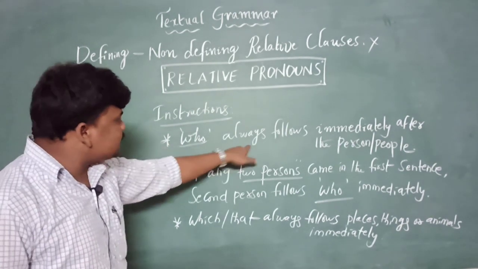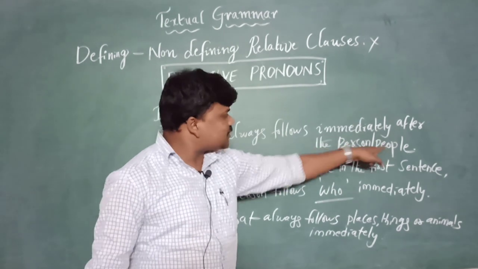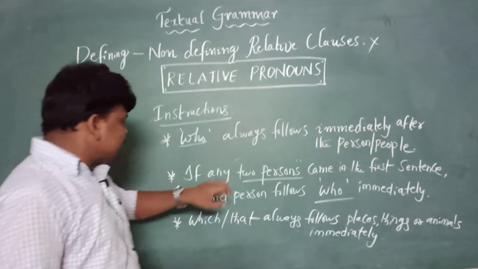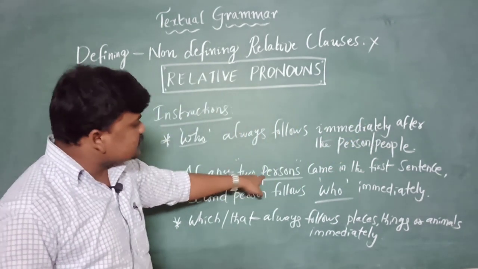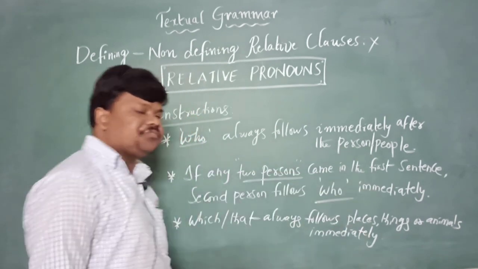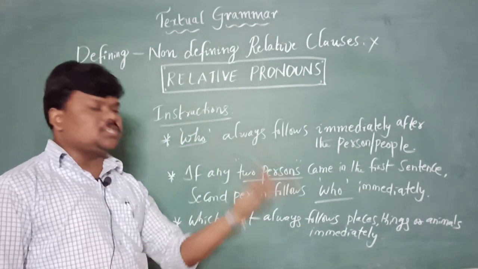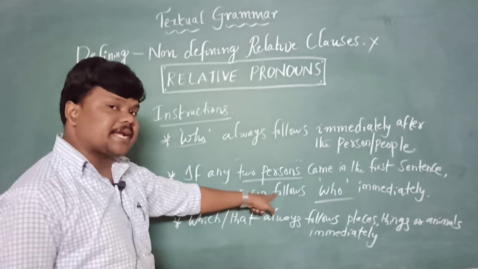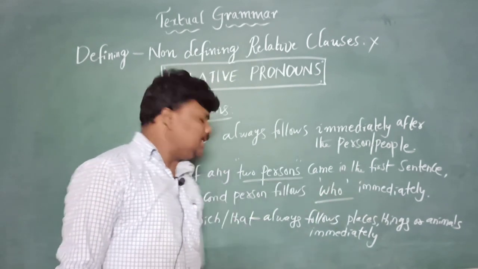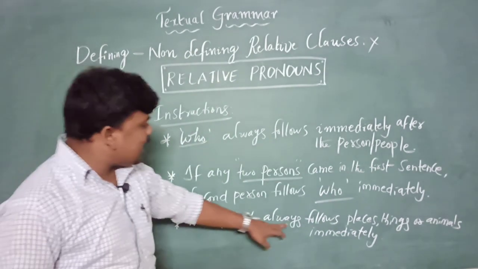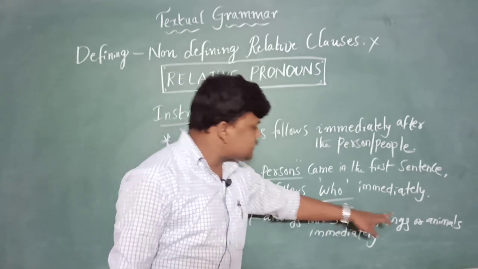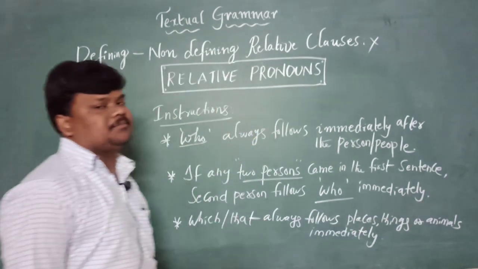Better to have a look at the first instruction. Who always follows immediately after the person or a people. If the first sentence came with two nouns, the second noun follows who immediately. Which, that always follows places, things, animals immediately.